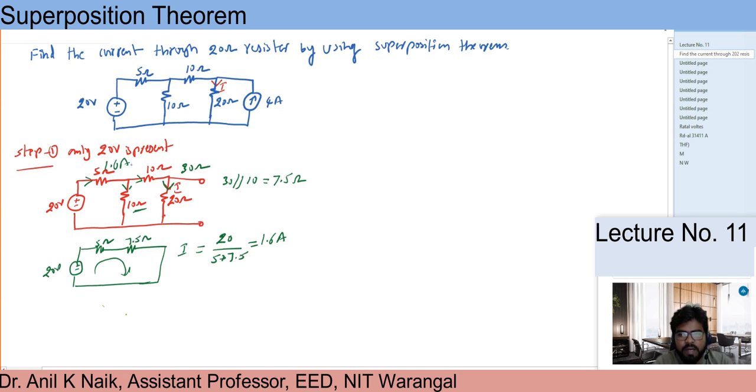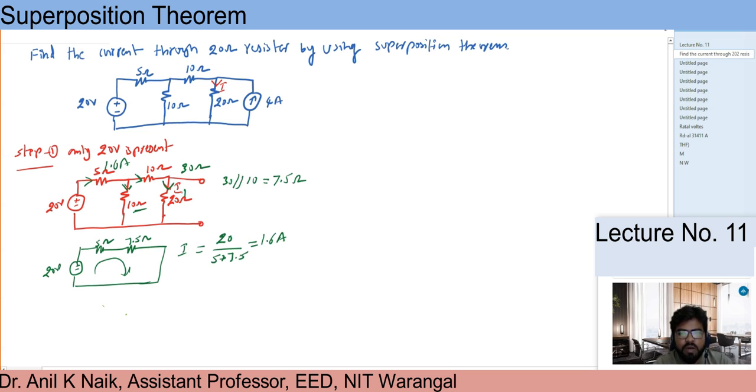So this 1.6 amperes is going to be divided here, in the 10 ohm and 30 ohm resistance. Whatever current flows in the 10 ohm is the same as in the 20 ohm, so if you add these two, that gives the 30 ohm resistor.